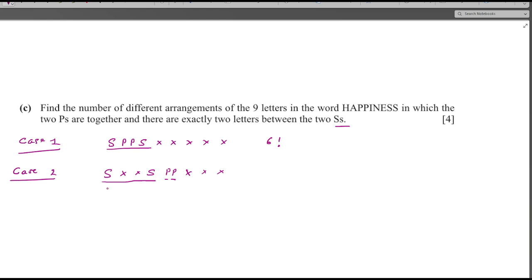Now here, you can see that these two P's are going to be outside. So what are the possible arrangements here? This S X X S, that means two different alphabets, if I consider it as one arrangement, then one, then 2 3 4, and in this position.